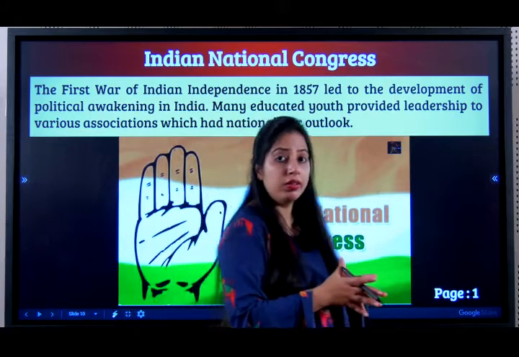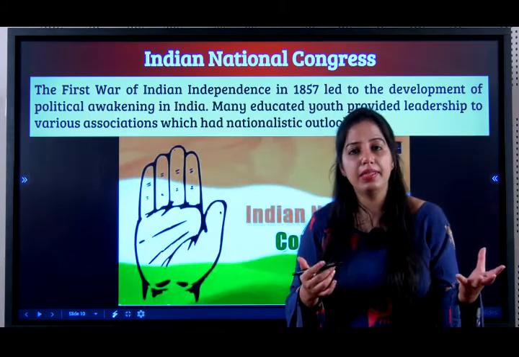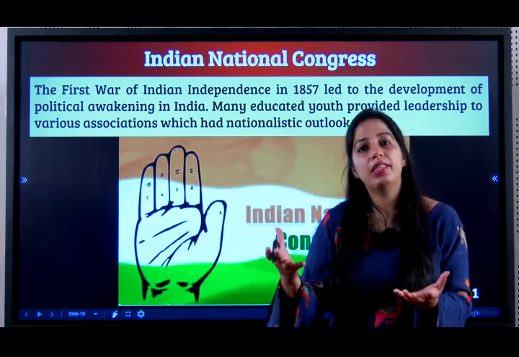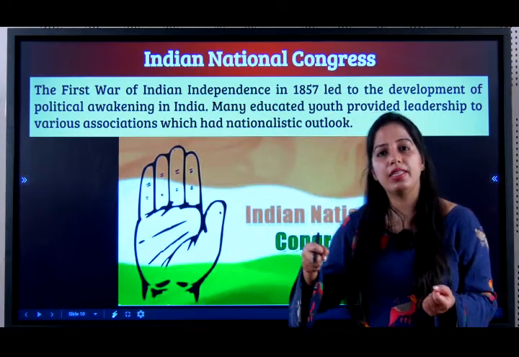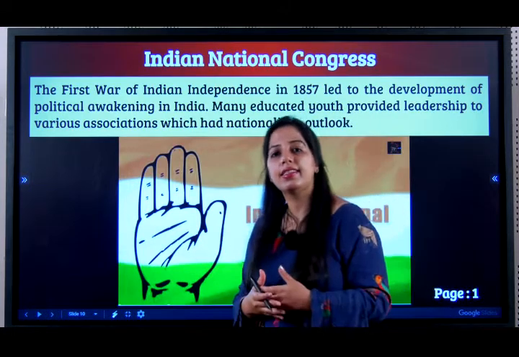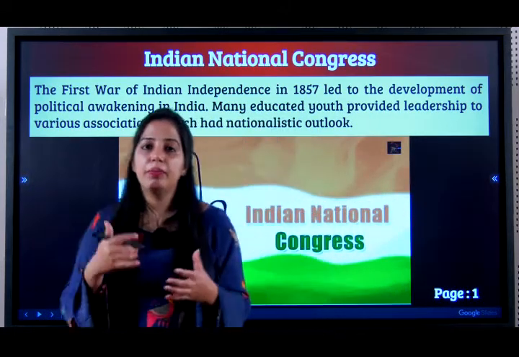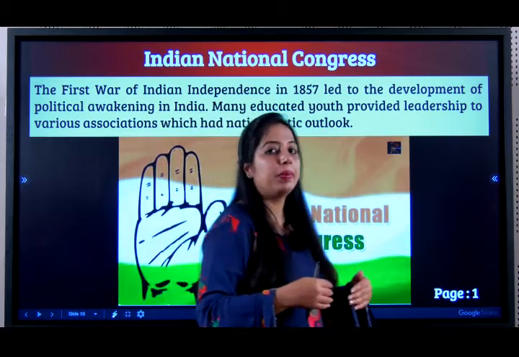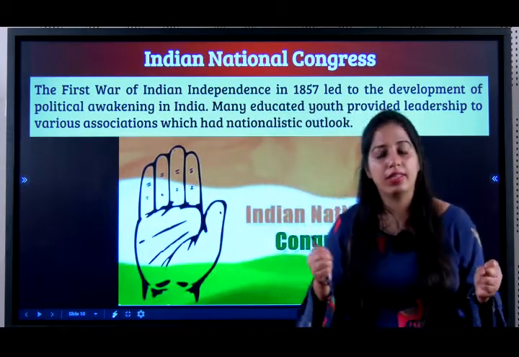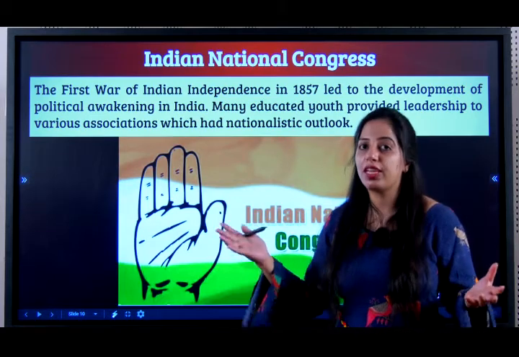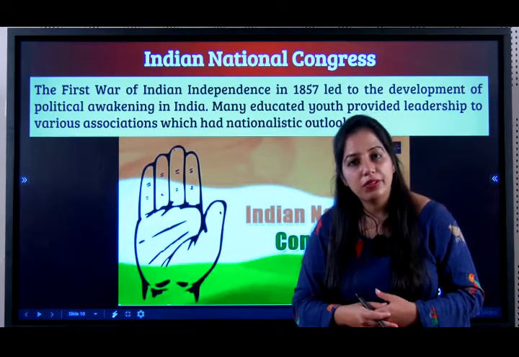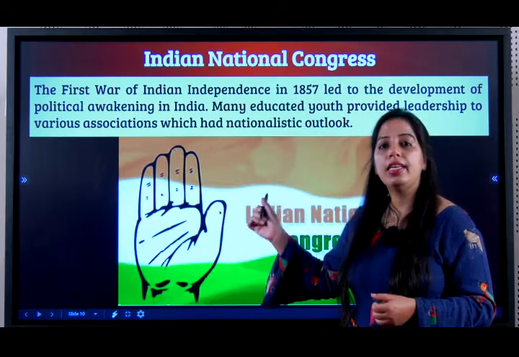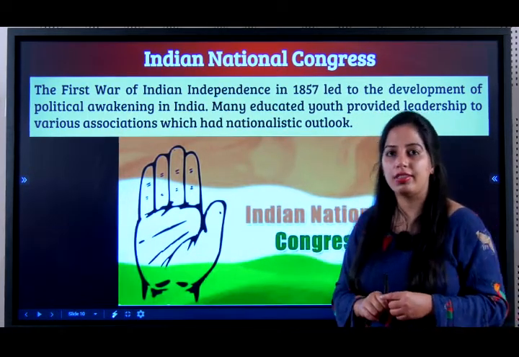Later we saw that the English East India Company was removed and the British government directly took responsibility to govern India as a country. They started the policy of association through which Indians now participated in making laws. They started spreading the word of nationalism, and as a result of that an institution was born. This institution is called the Indian National Congress.